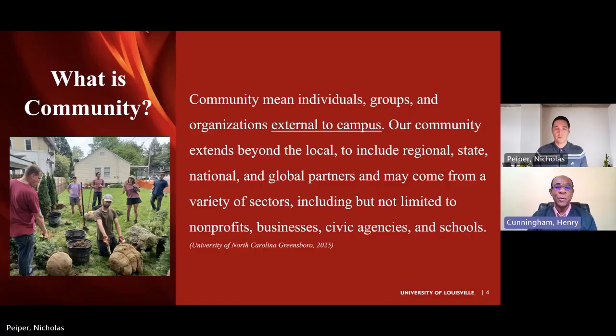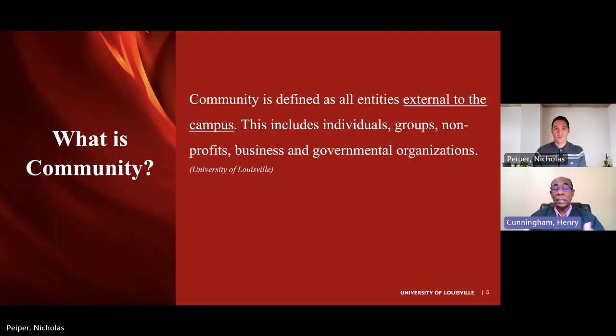And I think it's very important that we are aware of who our community is when we think of this work. Here at UofL, we also have a definition of what a community is. On the next slide, you will see UofL's definition. Again, we use the term any entity that is outside of the campus. And I emphasize outside of the campus because sometimes people say, well, I am doing some kind of project on the university campus.